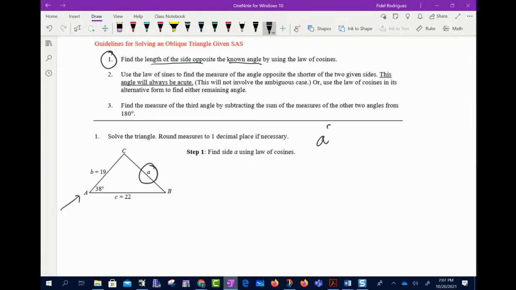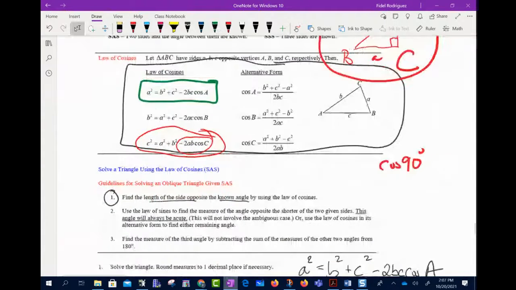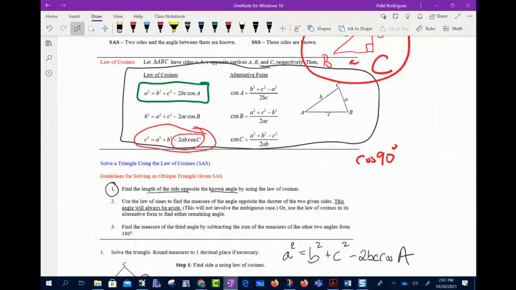So I'm going to write down the law of cosines: A squared equals B squared plus C squared minus 2BC cosine of A. All I did is copy that part right here, so you can see I just wrote down the formula.